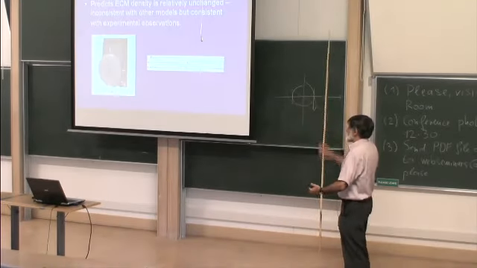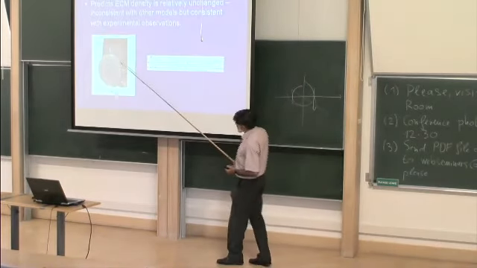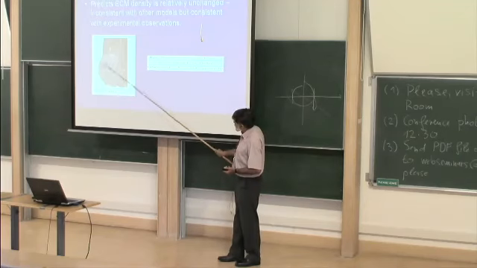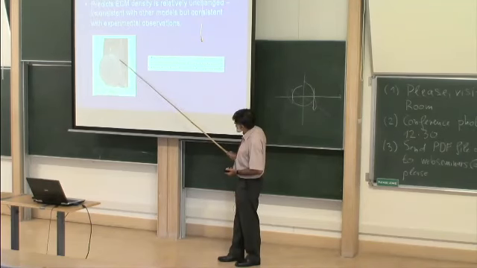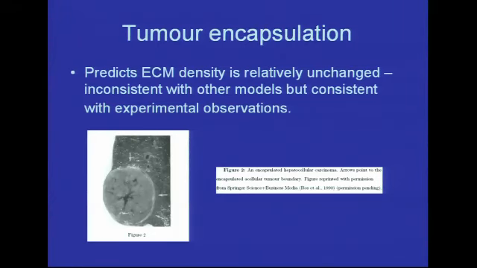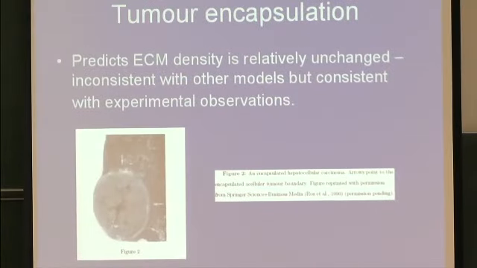And this is not a very good picture for you to look at, but this is precisely what's happening here. This is a tumor expanding, and here is just normal matrix around here. But this tumor is not expanding anymore. Okay, so this could be an explanation for encapsulation of tumors in this situation.